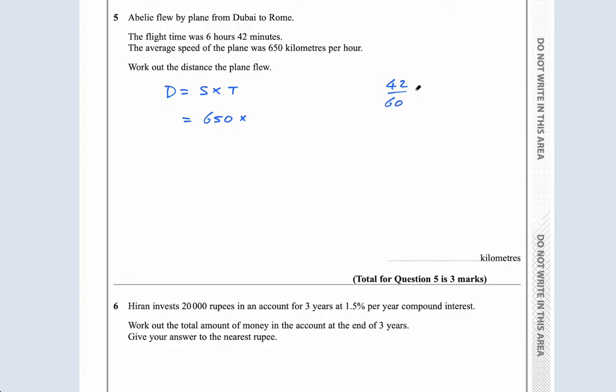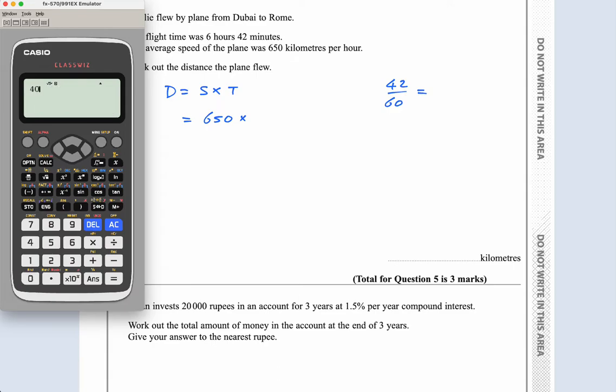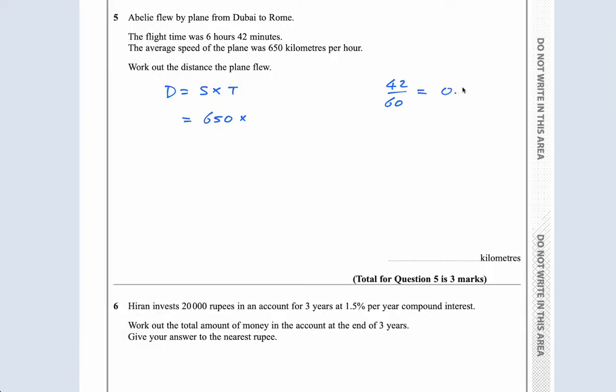Because there's 60 minutes in an hour. So think about it. 6.42 should be more than 6.5 hours, so just keep that in mind when I get my answer. It should definitely be more than 0.5. Press equals, and it's 0.7. So this is equal to 0.7.